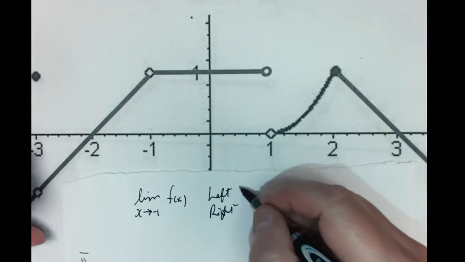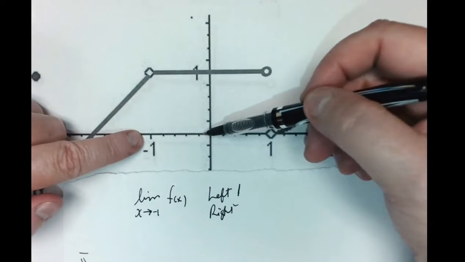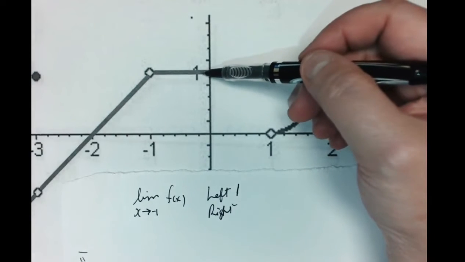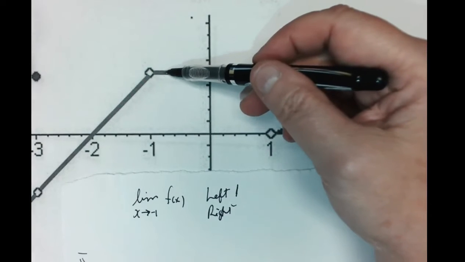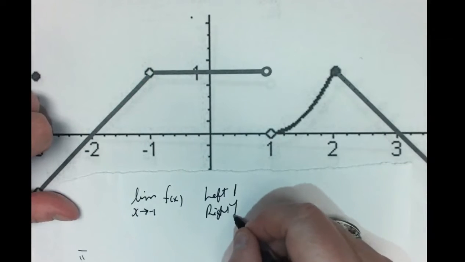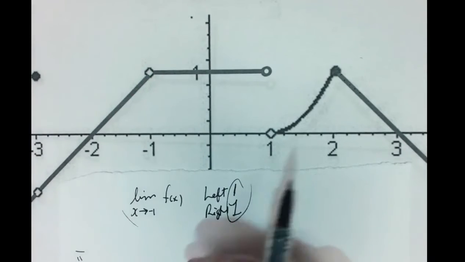And they're getting closer to 1. As I approach -1 from the right, my y coordinates are getting closer to and are equal to 1. These are the same, and so this limit does exist, and it'll be equal to 1.